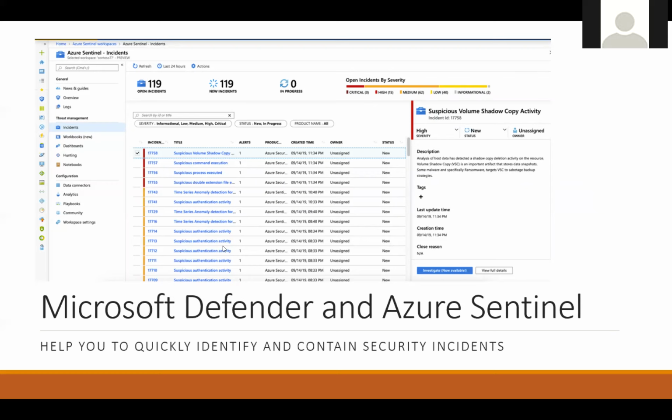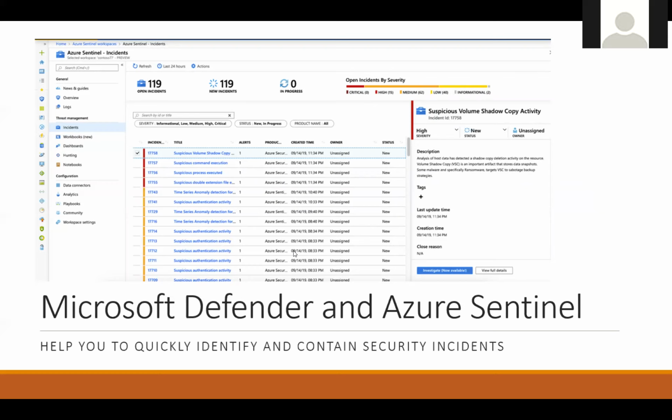So this is a screenshot of Azure Sentinel and some of the common activities that may occur and how they surface through the security intelligence within Azure Sentinel. Suspicious volume shadow copies, suspicious command execution.